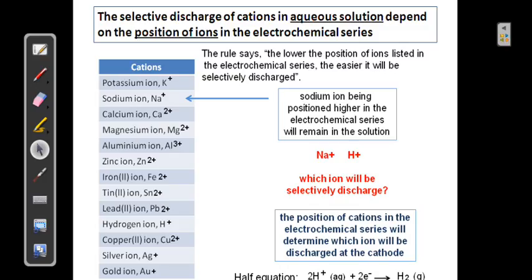Remember, H+ means an extra proton, so when they have lost electrons, and you give back the electrons to them, they become hydrogen atoms and form a molecule, and off they go in the form of gas.